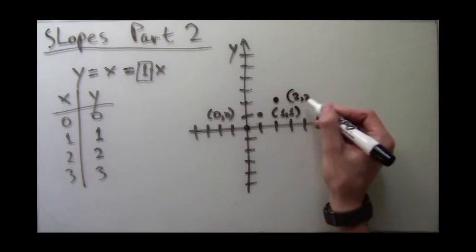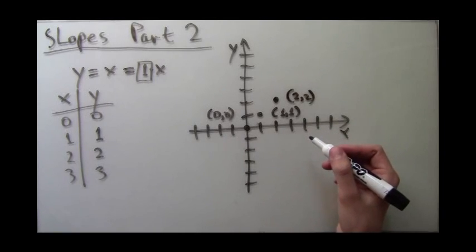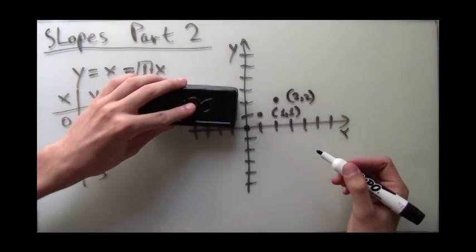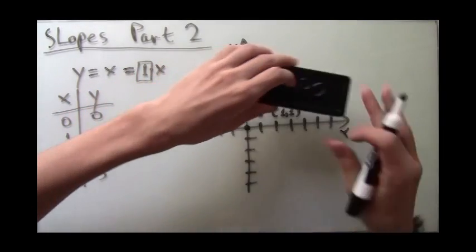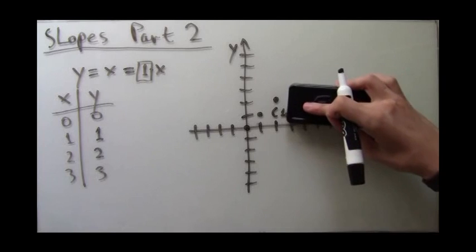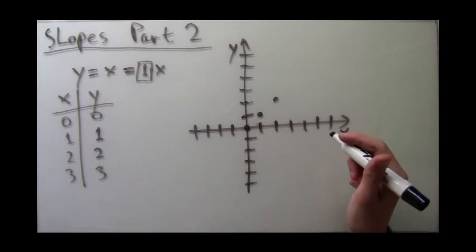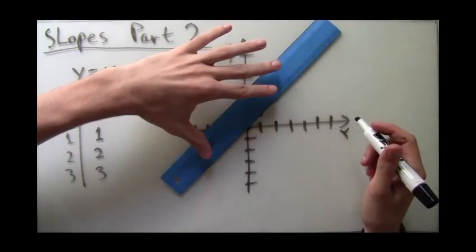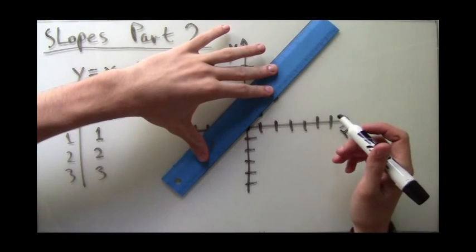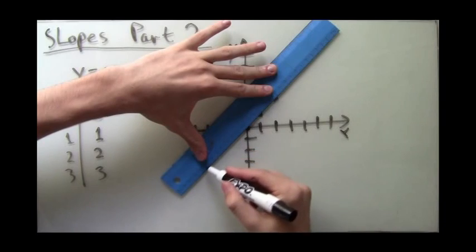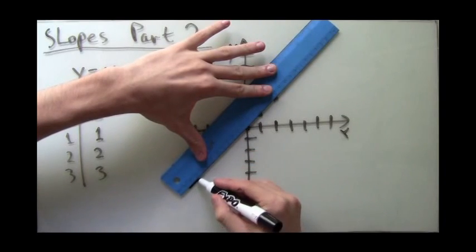Now we'll connect these points with a ruler because they all lie on the same line. And this will be our first line. After that, we're going to draw some more lines on top to compare their slopes.